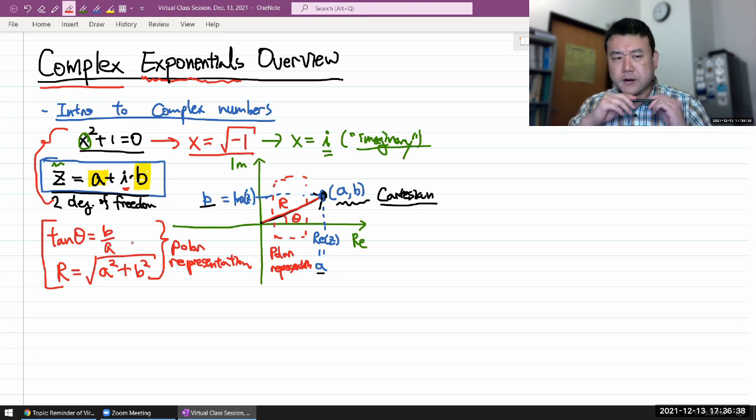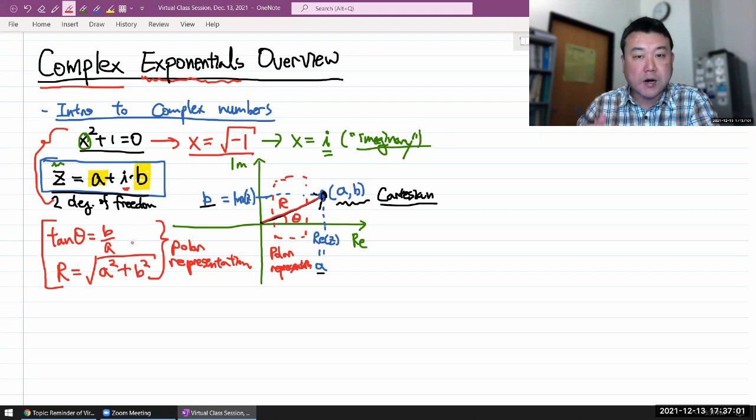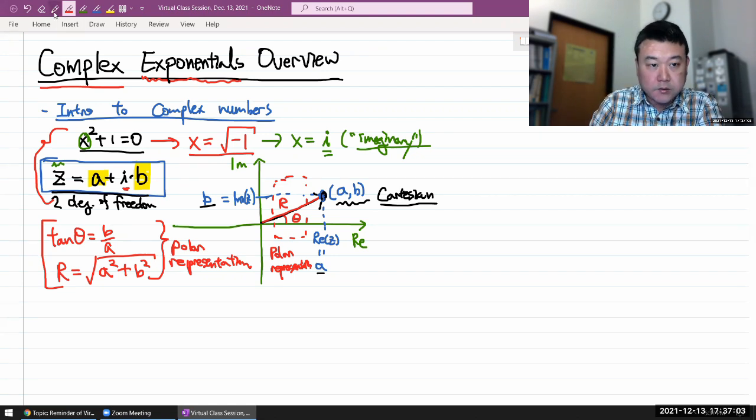And this is where what you learn in pre-calculus comes in very useful, which is what's described as Euler's equation.